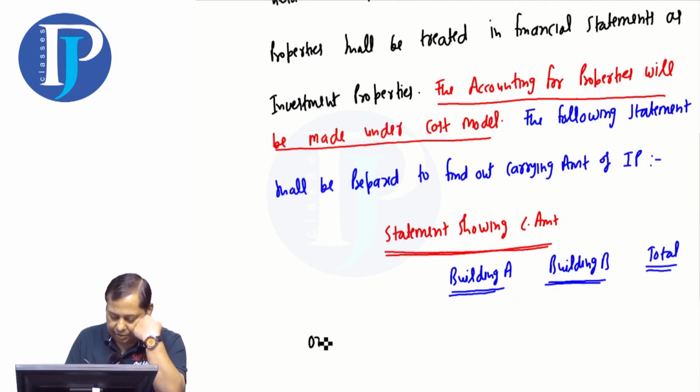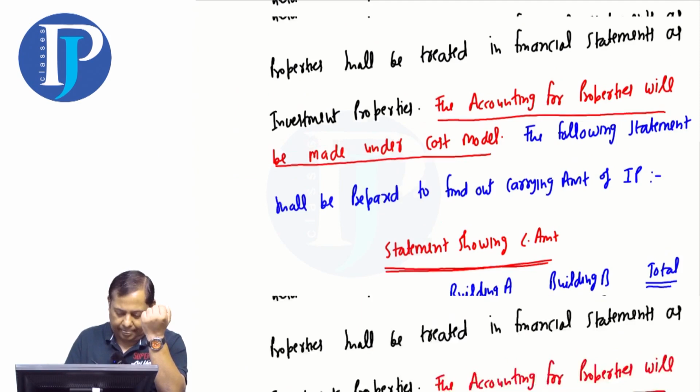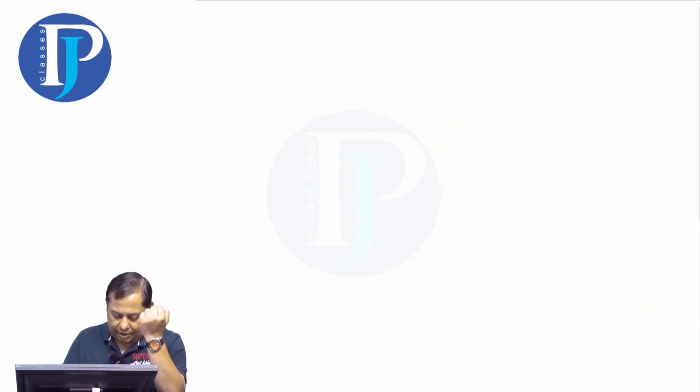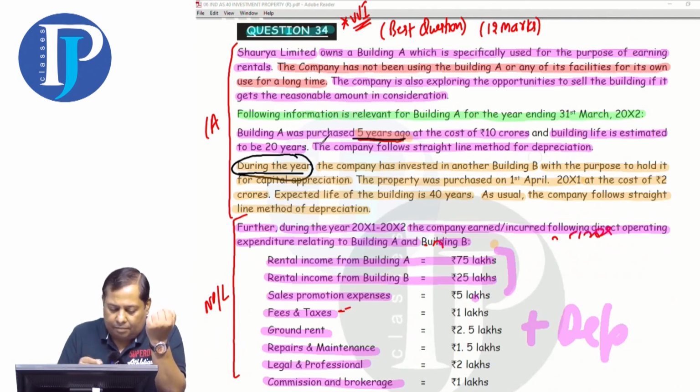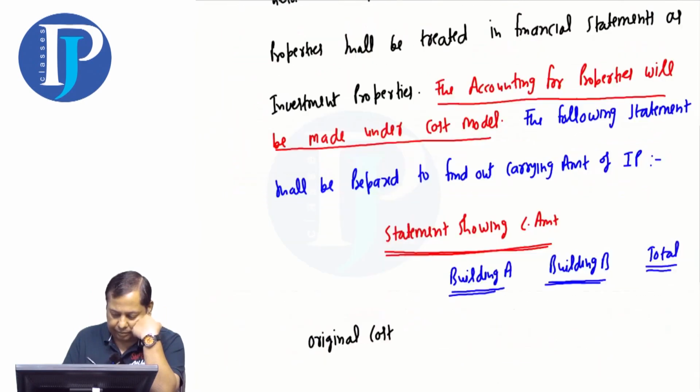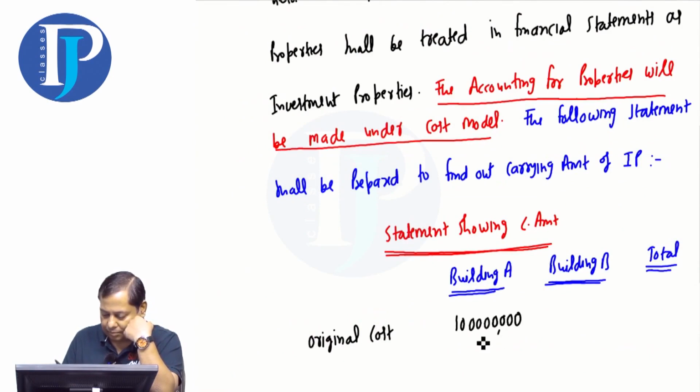First, we'll write the original cost. Tell me, what was the cost of building A? The cost of building A is 10 crore, and it was 5 years ago, with a 20-year life. Okay, students. Original cost 10 crores. And the other original cost is 2 crores. Total is 12 crores.